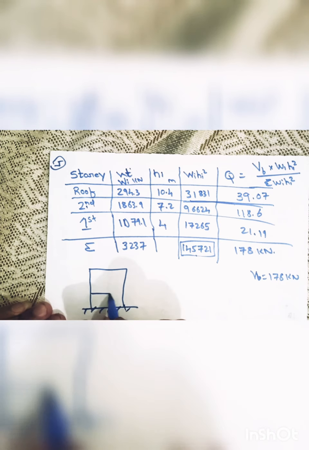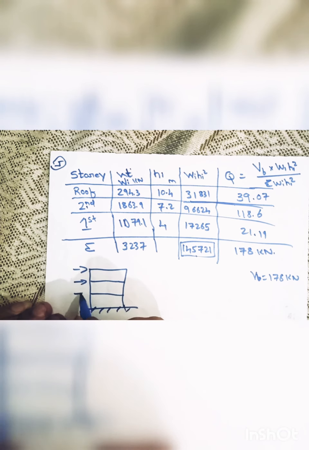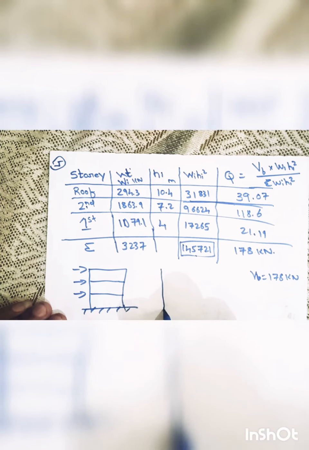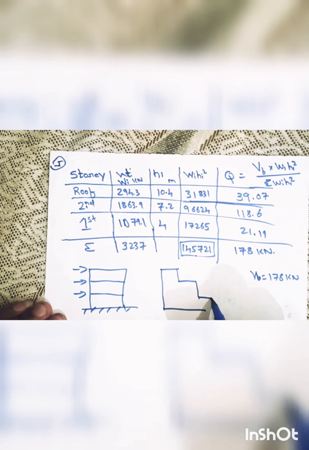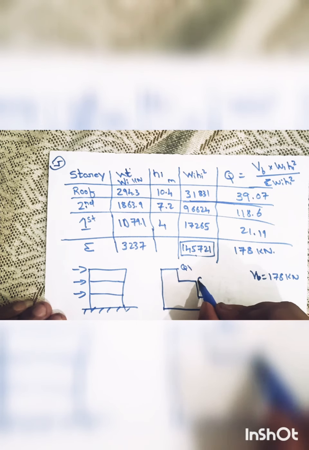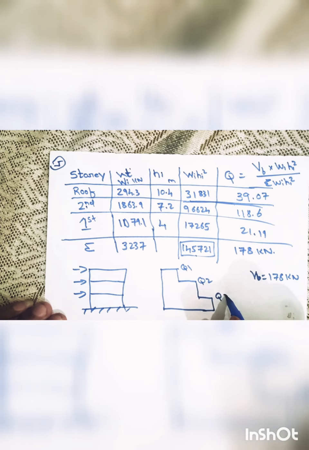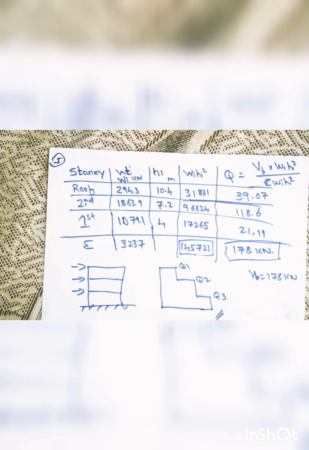We have 3 stories, right? Here, like this. So this is Q1, that is 39.07. This is Q2, and this is Q3. So here it completes the static analysis.